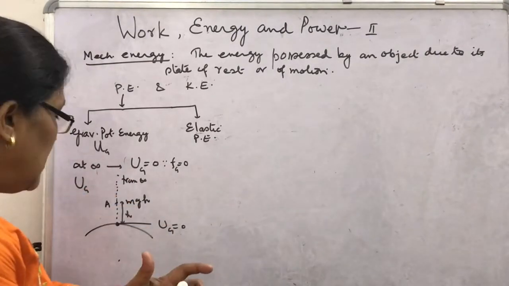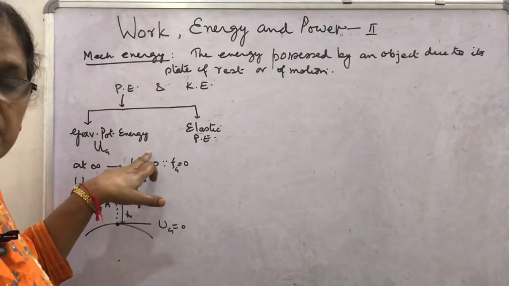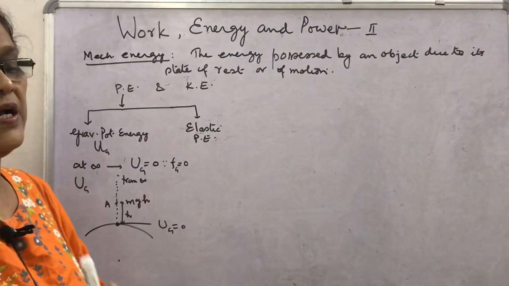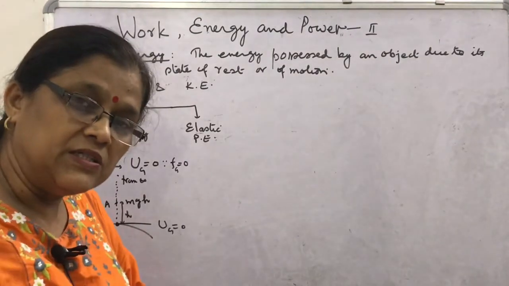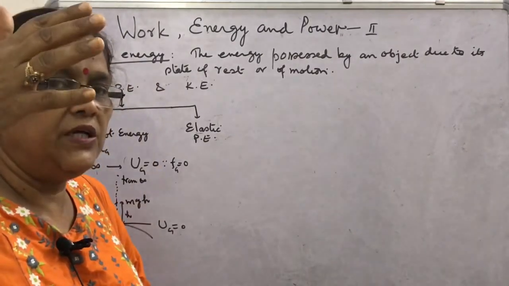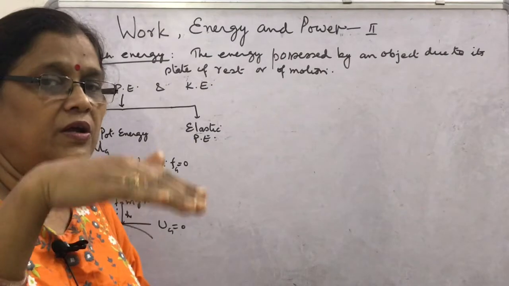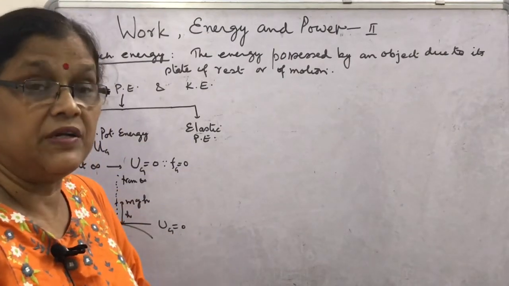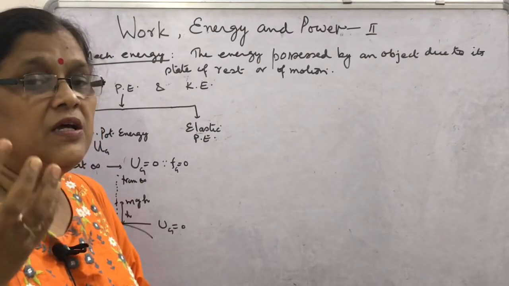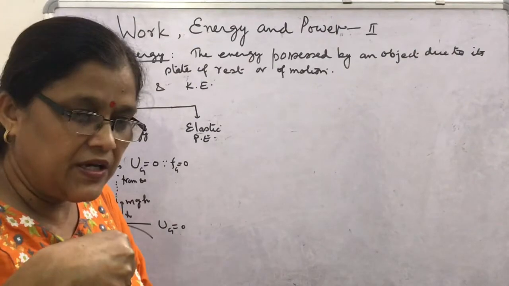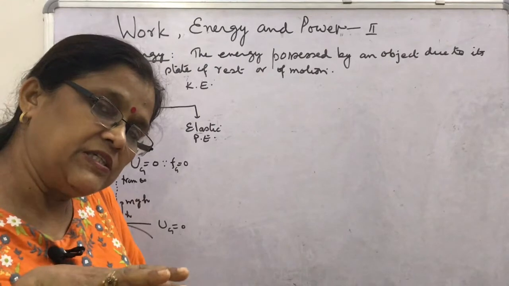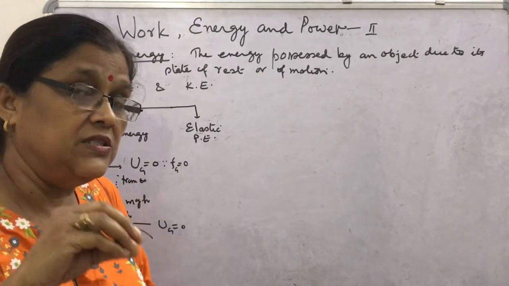So in general, how is the gravitational potential energy defined, and why is it negative? Look, since the gravitational potential energy is defined as the amount of work done in bringing that object from infinity to a point in the gravitational field, and the force used here is the force of gravity, that is a force of attraction, therefore gravitational potential energy is negative.